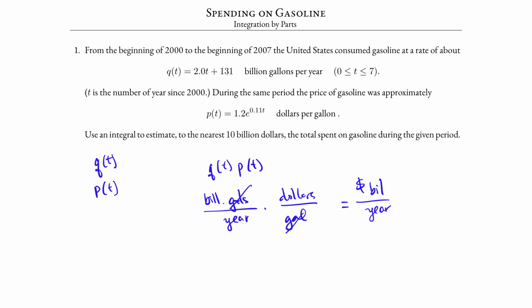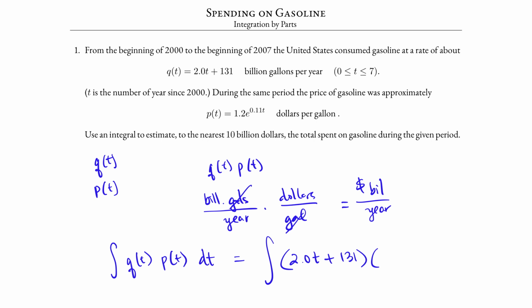What this means is that the answer will be the integral of Q of T times P of T dt, where Q of T is 2.0 T plus 131 and P of T is 1.2 e to the 0.11 T. Don't forget dt.